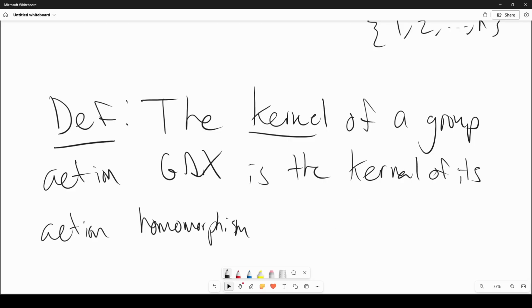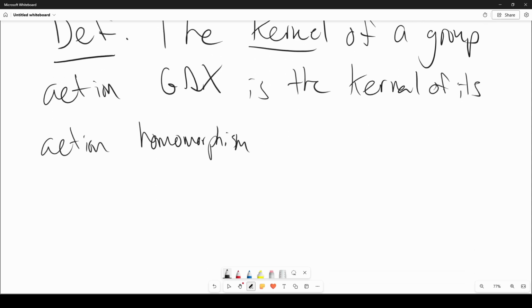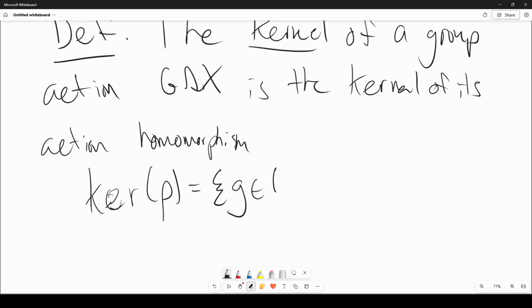So what this implies is we know the kernel of a homomorphism, we defined that. So really this is just describing the kernel of rho, which equals those elements g in G such that sigma_g is the identity.